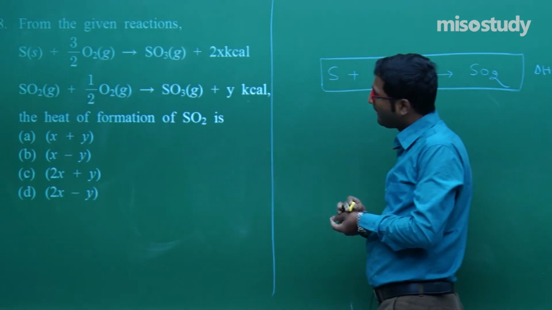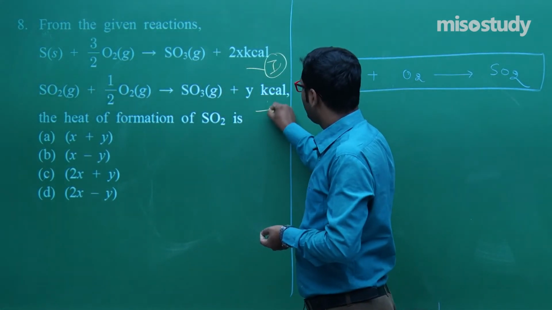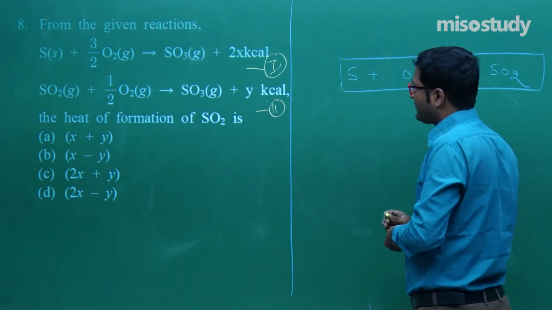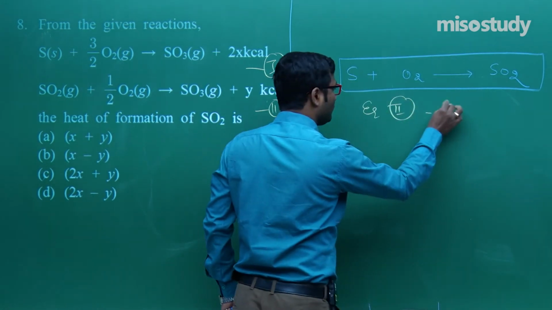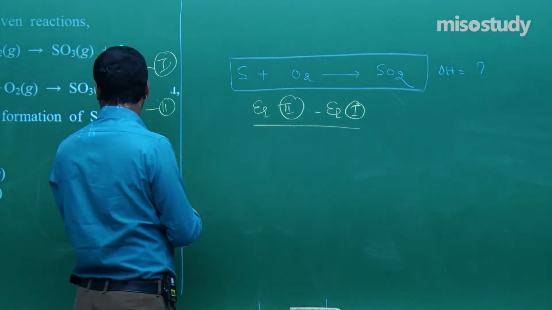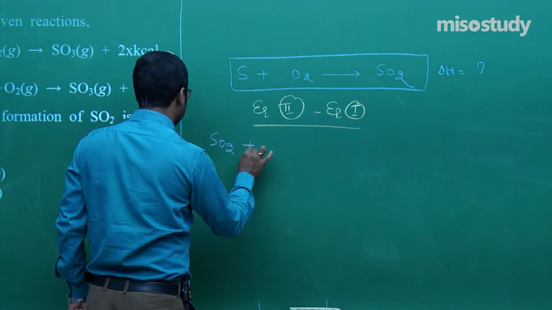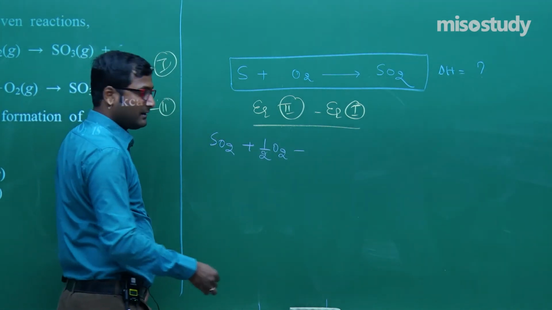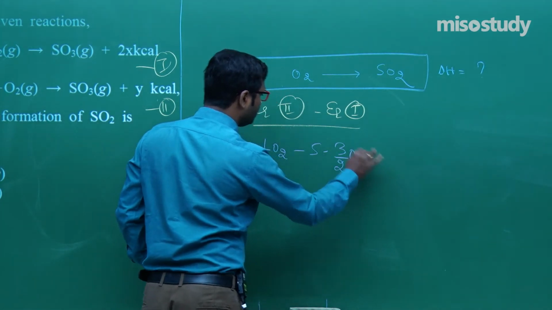Now how to achieve this expression by using these two expressions? Look, if I take equation 1 and equation 2, and subtract equation 2 minus equation 1, then what will happen? Check it out, friend. In this case we can write: SO2 plus half O2, minus S and minus 3 by 2 O2, clear to you?